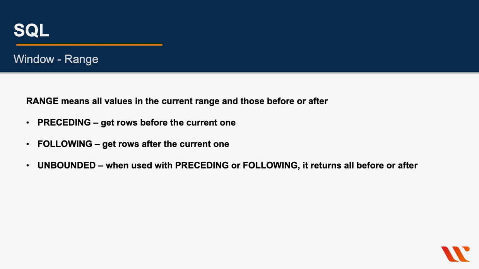So what's the difference? So we saw that the rows option relies on an offset in terms of the number of rows with respect to the current row. So this doesn't address any gaps. So if you want to get the last 3 months of activity for something, that may span more than 3 months. Or it could be the other way around. The frame itself can include rows that could represent a period of more than 3 months.